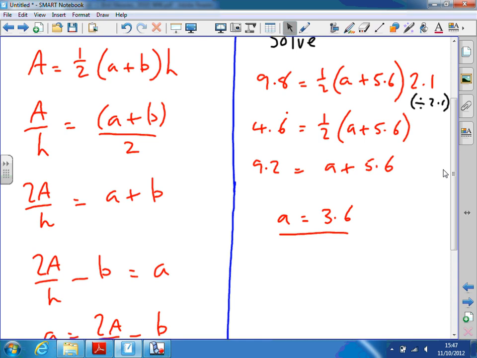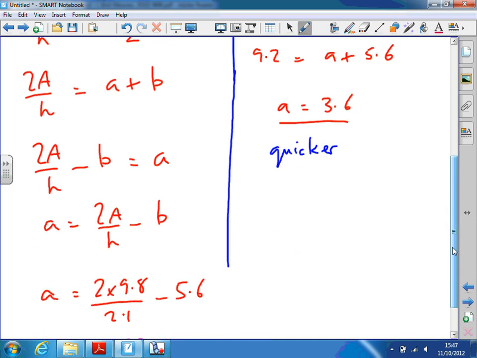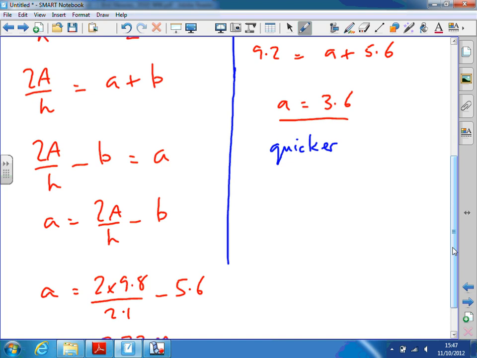Advantages of solving the equation? Quicker? Did you find that easier? Yeah, maybe because you're actually working it out as you're going along, aren't you?